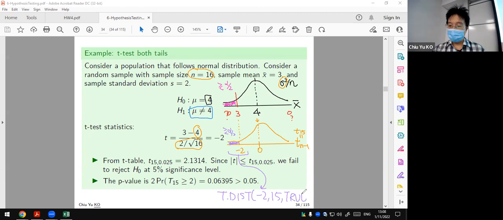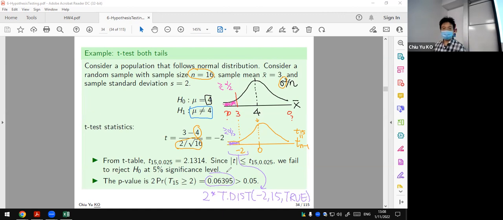This is this area, but to calculate the p-value, multiply by 2. Is that clear? That gives you about 6%. So you can't reject.